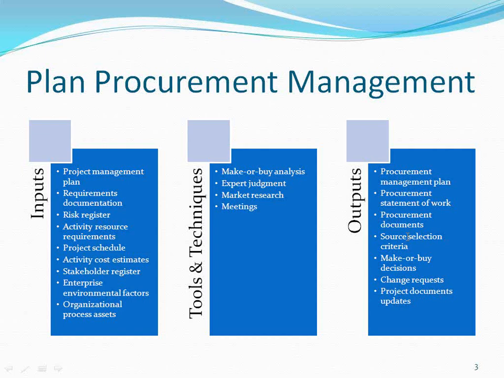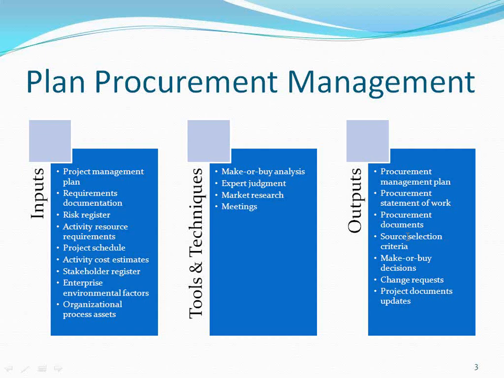When I say procurement decision, it is whether you want to make it yourself or buy. We call it make or buy analysis. Certain things you can do on your own in-house. Certain things you have to buy from outside. So which of the things can we do internal to the project, and which are the things you have to buy from outside?